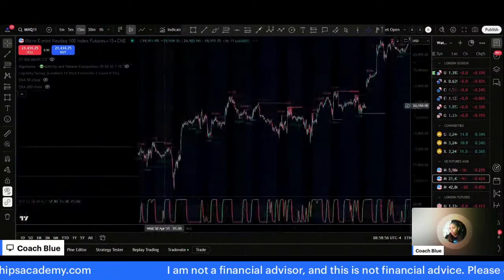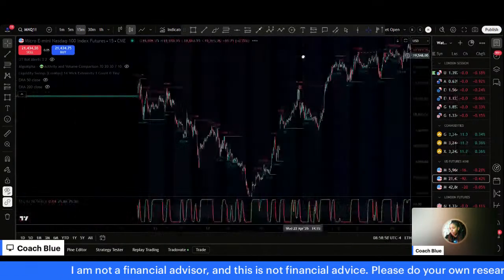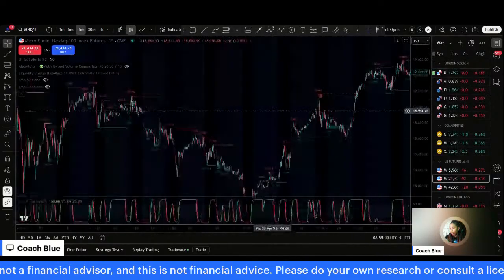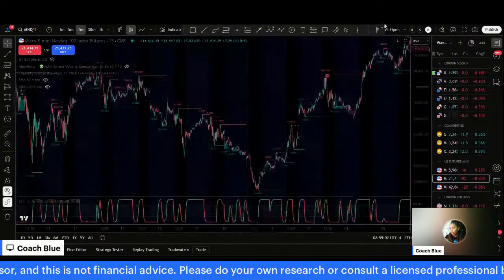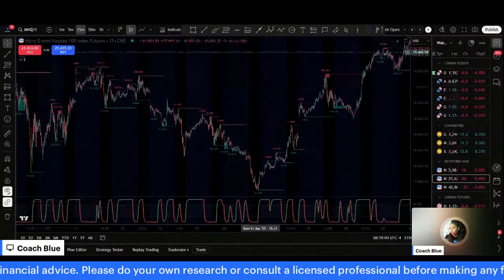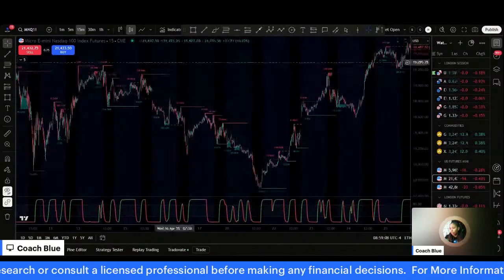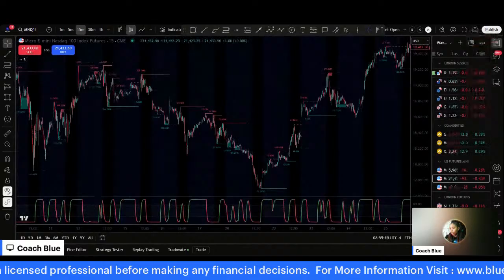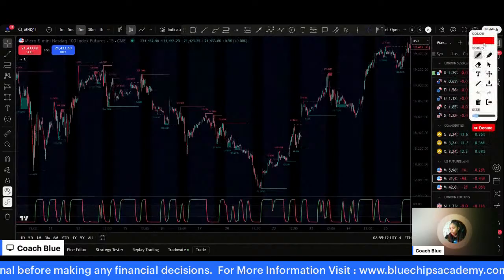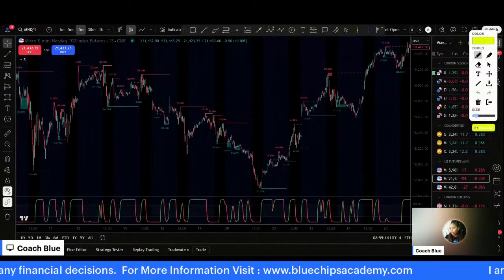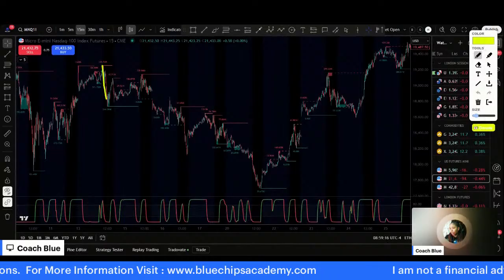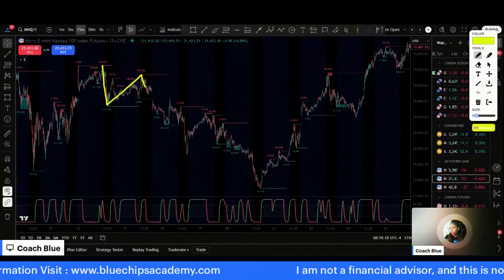So now let's look at a downtrend. Okay, a downtrend is a little bit different. With a downtrend, we're looking at lower lows and lower highs. So we go here. Price pivots down to the downside, pivots up, comes down.